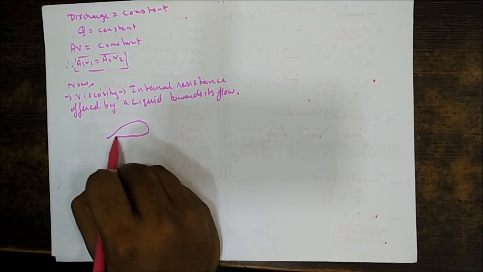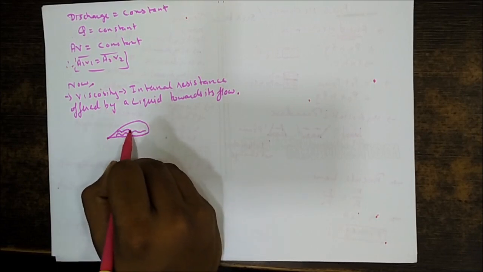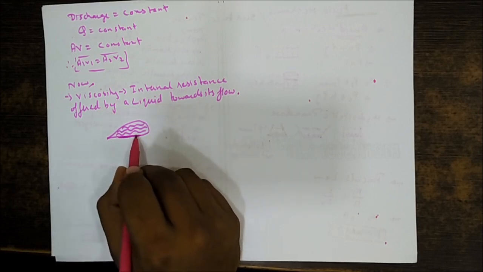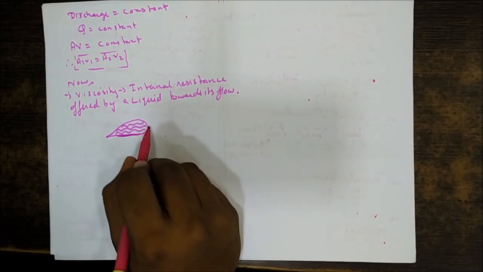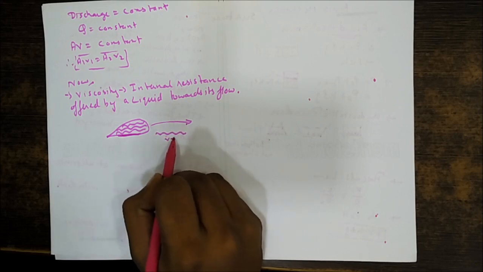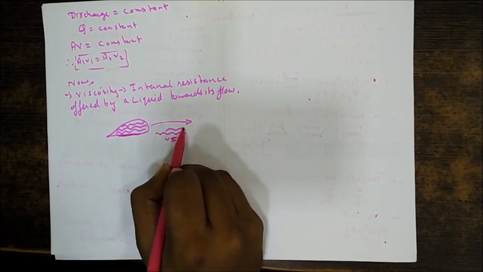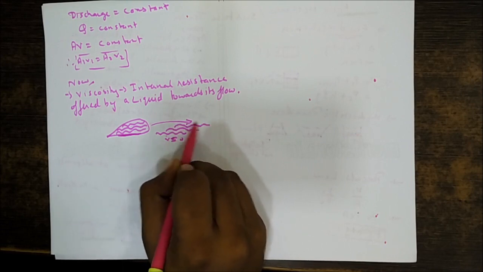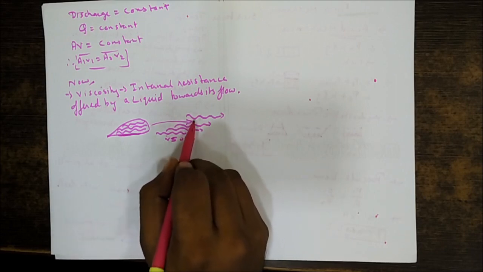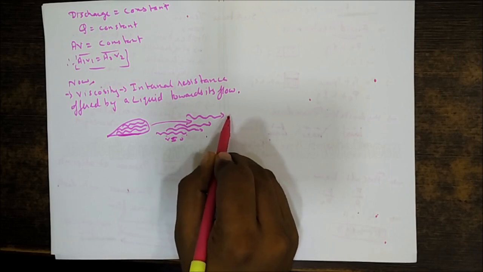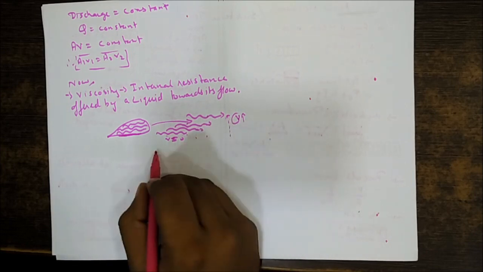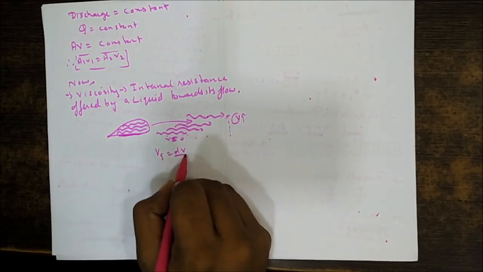So if I consider a liquid drop, the lowest layer is in contact with the surface, and if the drop moves in the forward direction, your lowest layer will be at velocity 0, but the upper layers will move in the forward direction. As we go to the above layers, that means as the distance from bottom increases, your velocity also increases. That means the velocity changes with respect to distance. This is called velocity gradient.